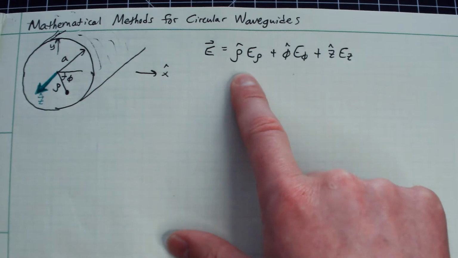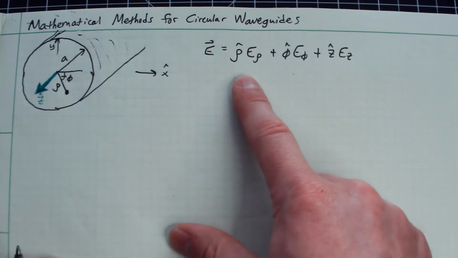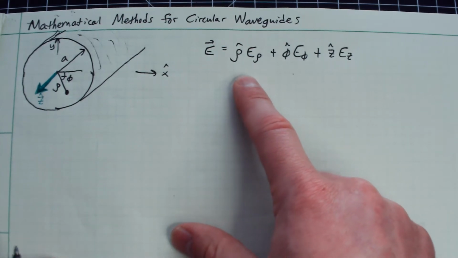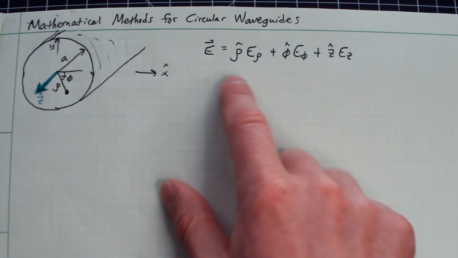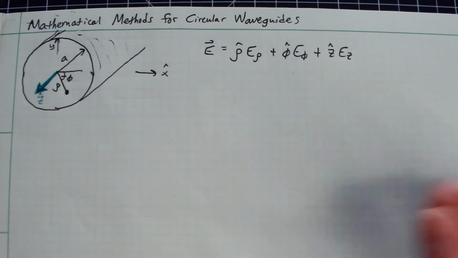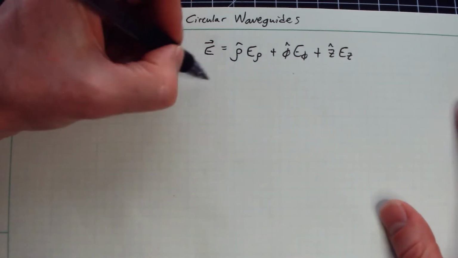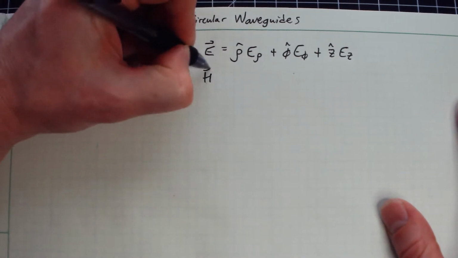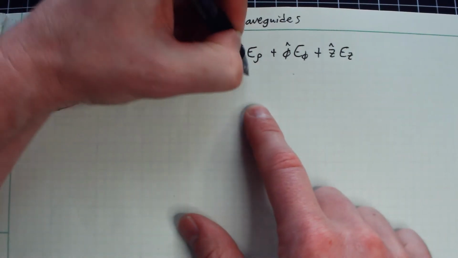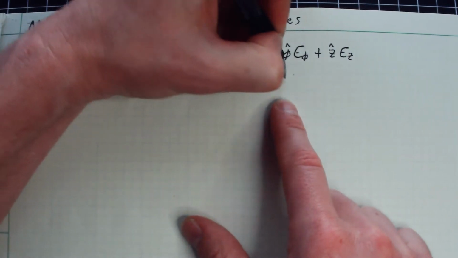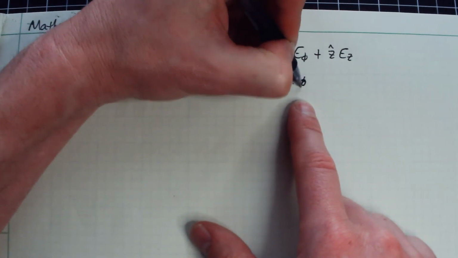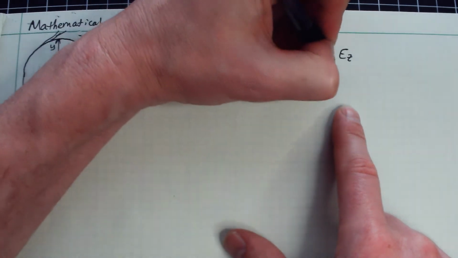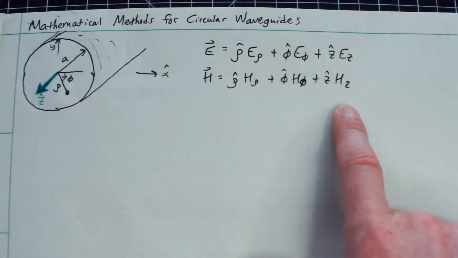I'm not really a fan of the use of rho because rho tends to get confused with charge density, but it is very common in mathematics and physics to use this as the radial coordinate in cylindrical coordinates anyway. So we're just going to go with it. And of course, the H field will have a rho hat, H sub rho, plus phi hat, H sub phi, plus z hat, H sub z.